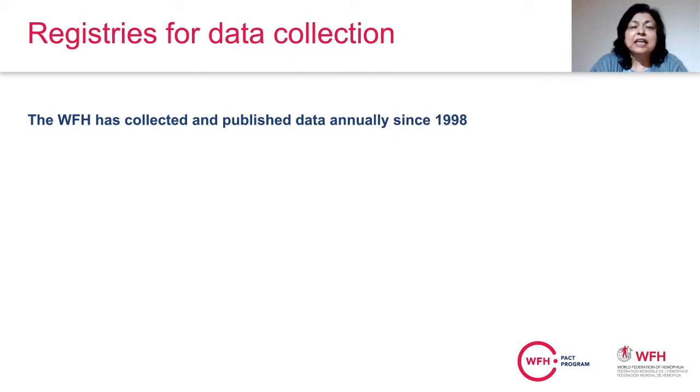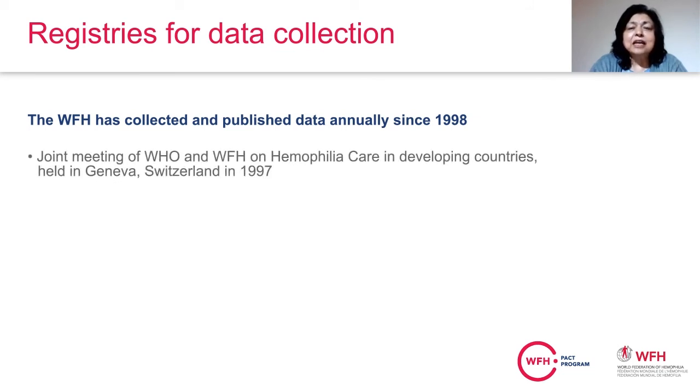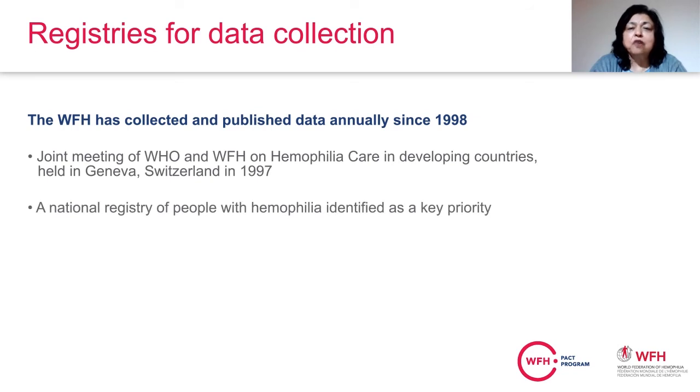But this is not the case in Asia and Africa, where data is still lacking. And it was realized as early as 1997 in a joint meeting of WHO and WFH that in developing countries, development of a national registry of people with hemophilia is a key priority.